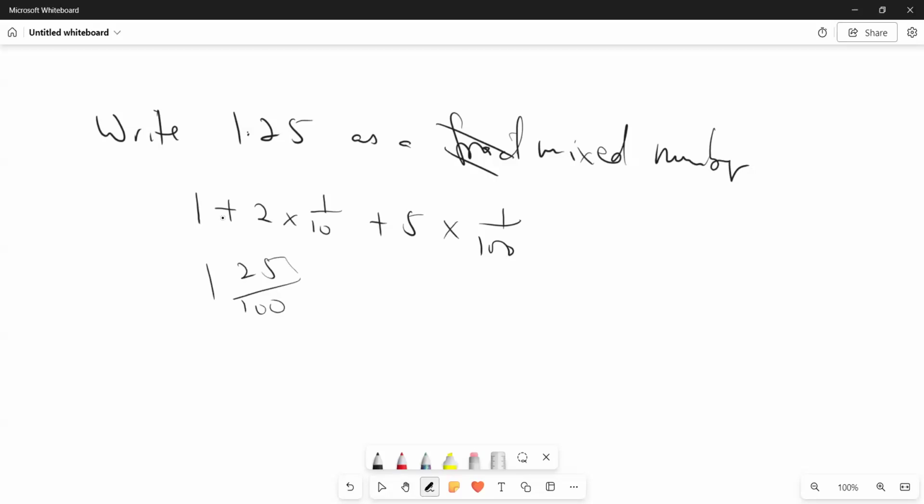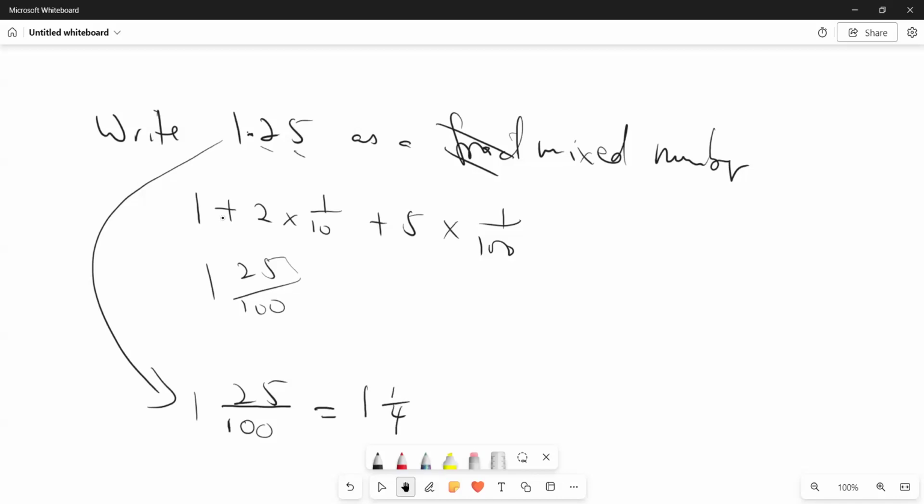Everybody does the shortcut where, for the decimal point, they put a 1 in the denominator, and each digit after the decimal point, you add a zero for it. And then you put the 25 over the 100, right? But it's not done yet. You have to reduce it, which equals 1 1/4. As you can see, 1/4. Same thing here, 1/4.